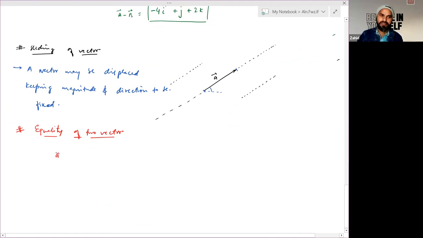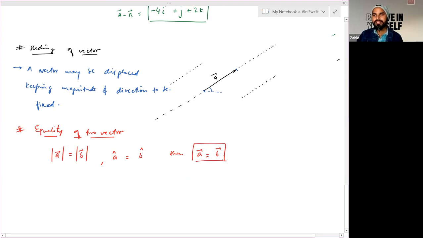So if magnitude of first vector equals magnitude of second vector, and direction is represented by any cap or unit vector of first equals unit vector of second, then we can say vector A is equal to vector B. So what should be the minimum condition for equality of two vectors?